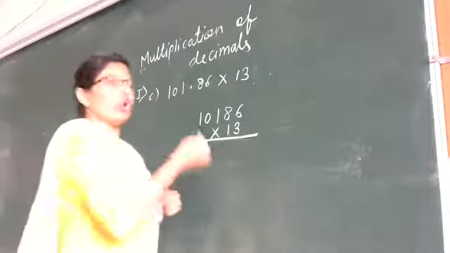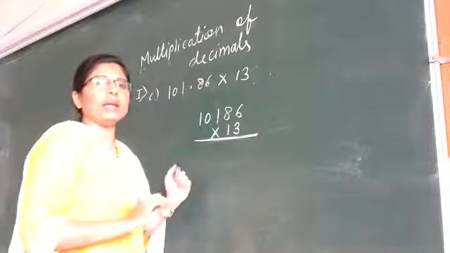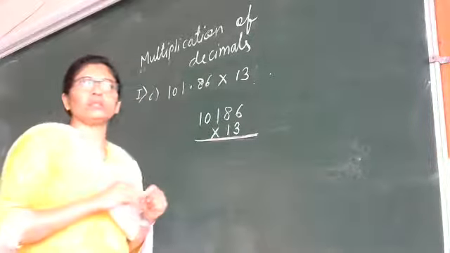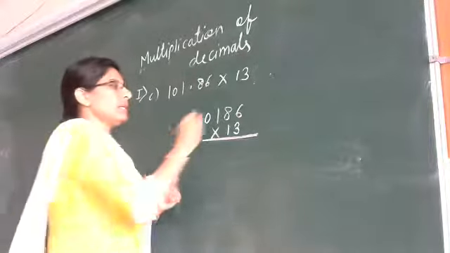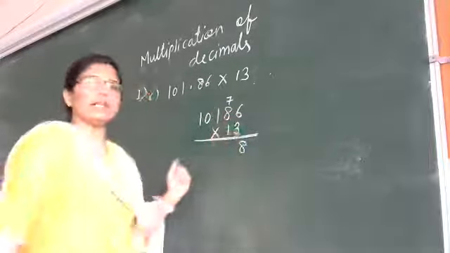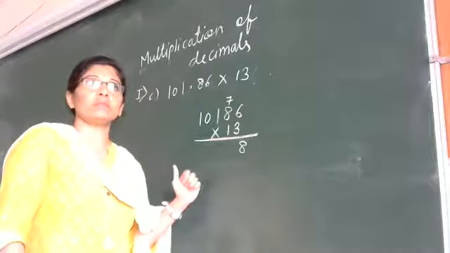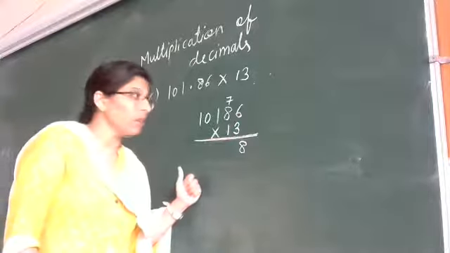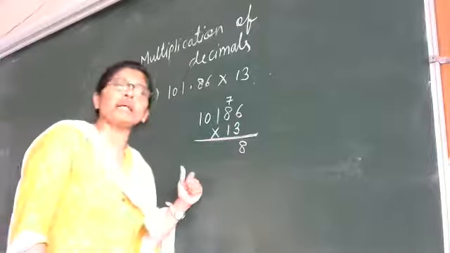If you know the 13 table, we can directly multiply with 13. 13 sixes are 78. 13 eights are 104 plus 7.